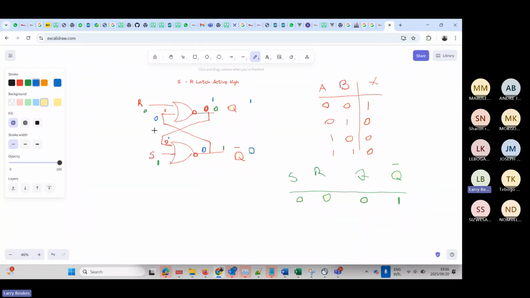But for what conditions were those? Our R was 0 and then our S was 1. Then we got Q to be 1, and then we got our Q naught to be 0, right?